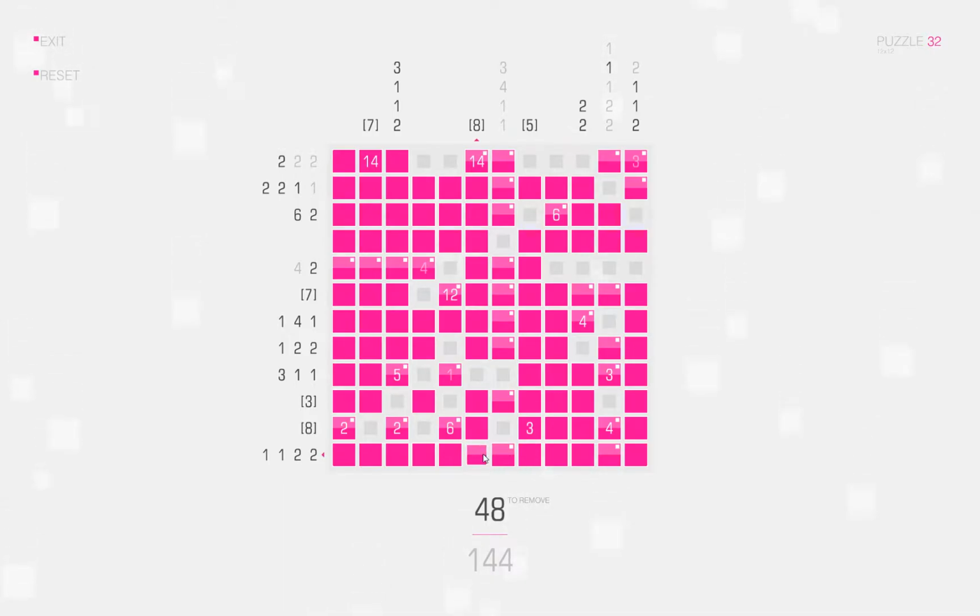Because it can go there or there, and this can only go there, there, nobody can go there, so we remove that one. Now this 2 here has to go down, nowhere else to go, and then we disconnect it.